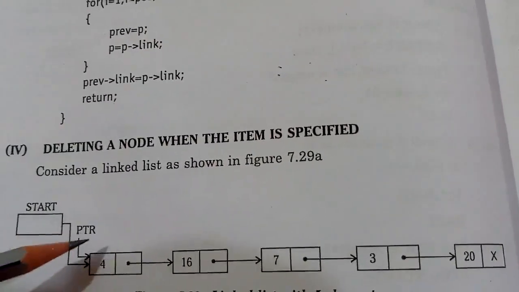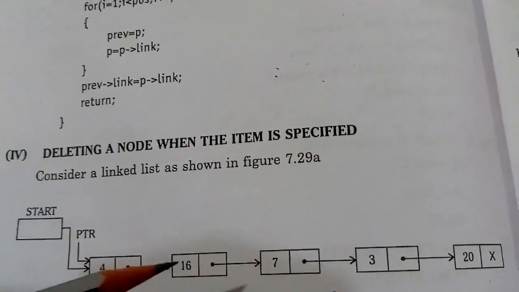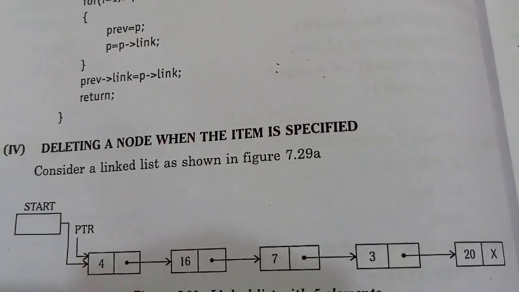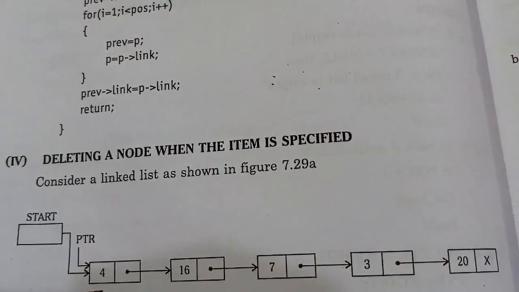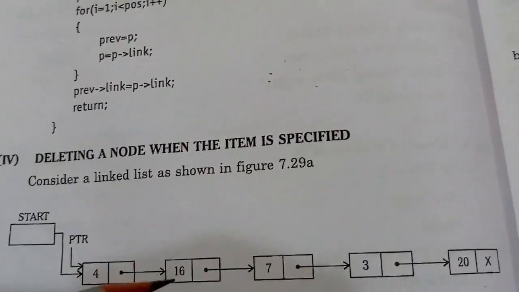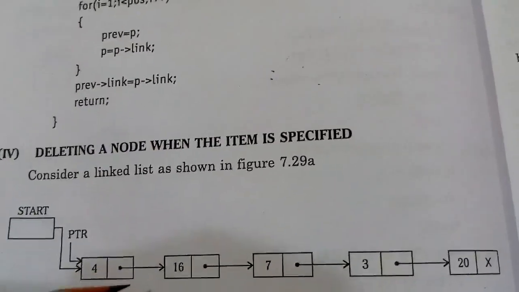Initially, ptr points to start and previous points to null. So here these two pointers are used to traverse the list. Each time, the information part of the node pointed by the ptr is compared with the element that is to be deleted.